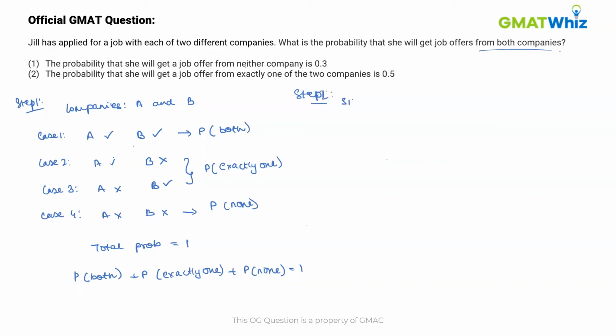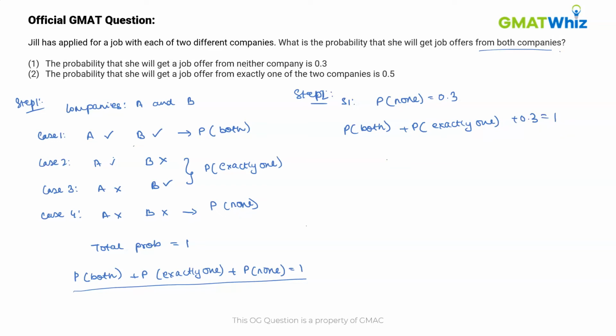Statement 1 tells us that the probability that she will get a job offer from neither of the companies is 0.3. We know that the probability of none is equal to 0.3. So, using the equation that we formed in step 1, when we substitute the value, we get the probability of getting a job offer from both the companies plus the probability of getting a job offer from exactly one of the companies plus 0.3 equals 1.